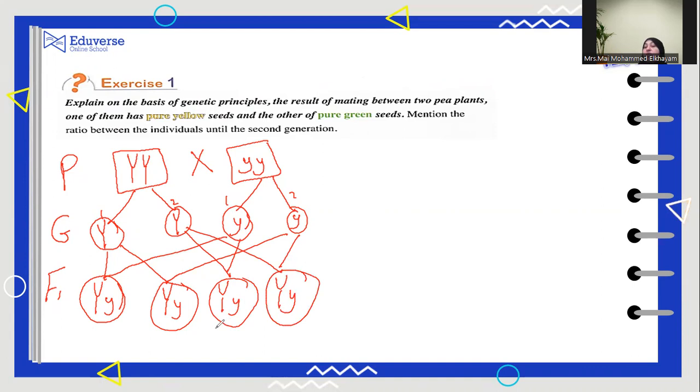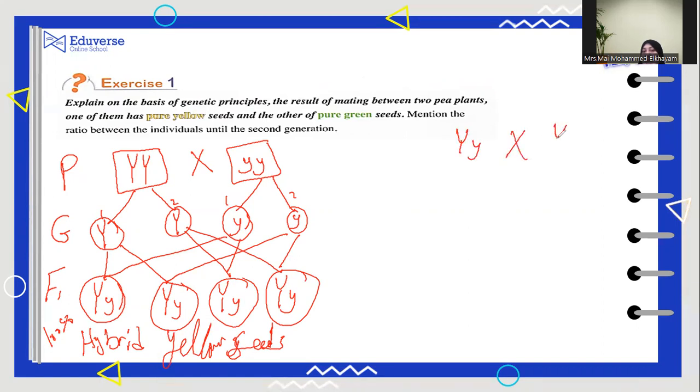If you're going to describe all of the first generation, you will say Y capital, Y small, all of them are hybrid. Hybrid what? Yellow seeds. 100%.